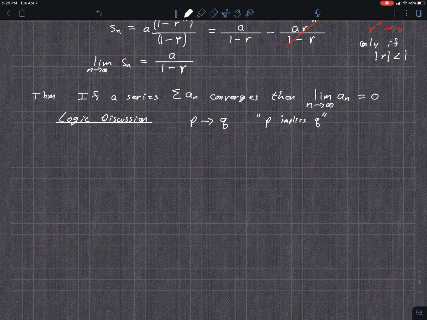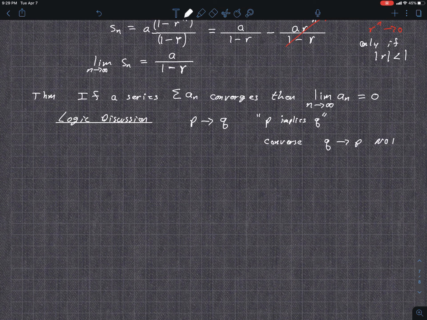If it's raining outside, then the grass is wet. Is going the other direction true? If the grass is wet, did it rain? We know that's not true because it could have been sprinklers on or something like that. So it goes one direction.